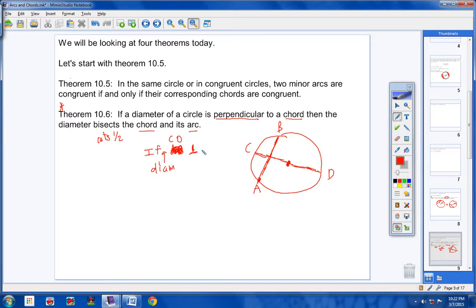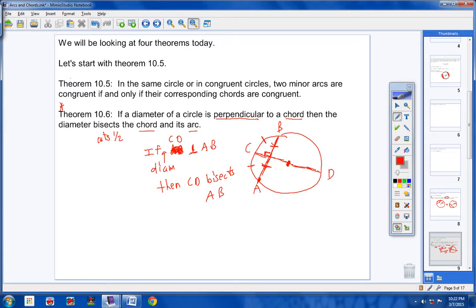If diameter CD is perpendicular to AB, so write that down, please. If diameter CD is perpendicular to AB, then CD bisects AB, cuts it in half. Got it? So that means this segment here is congruent to this segment here, but it also bisects the chord. So this arc here is congruent to this arc here.